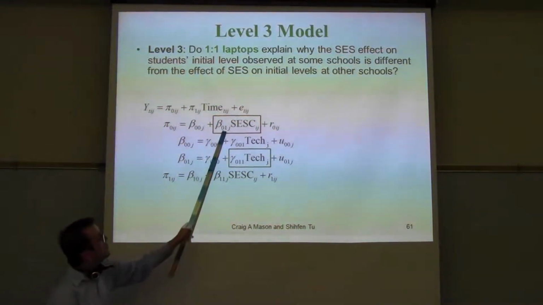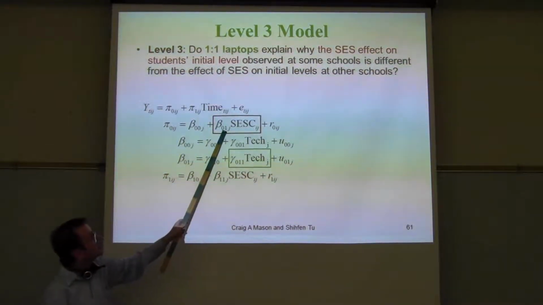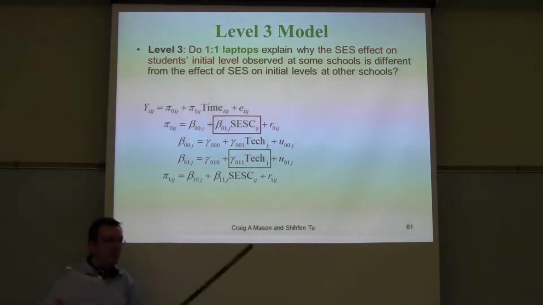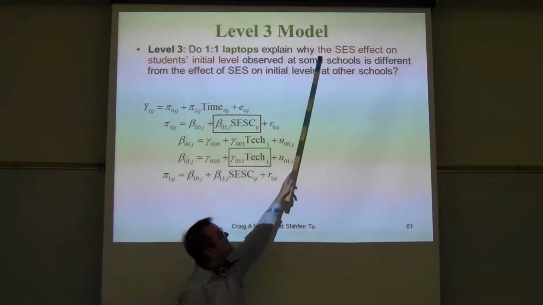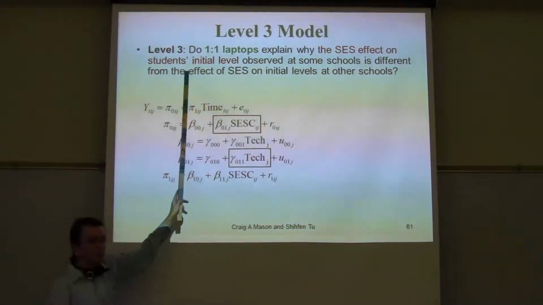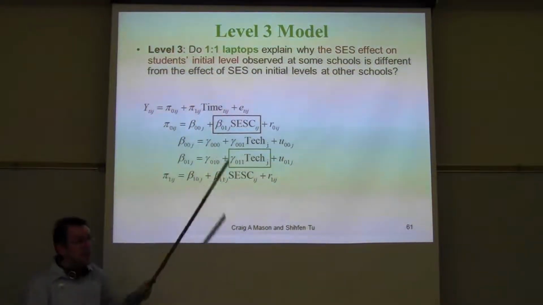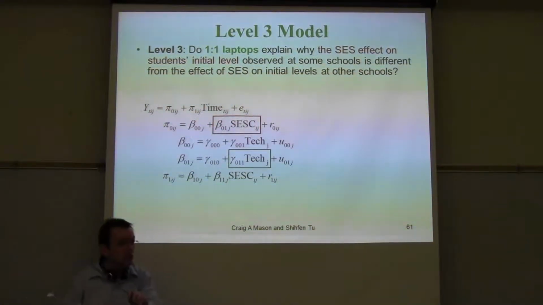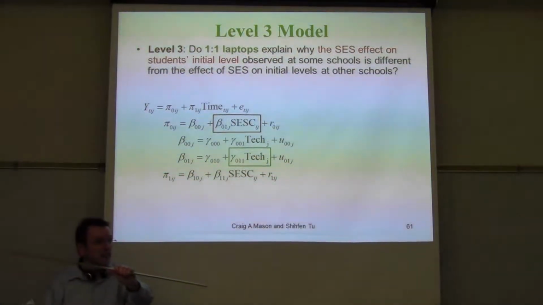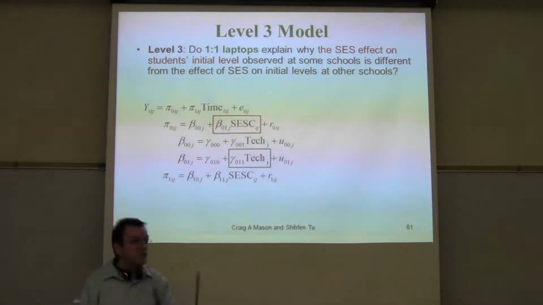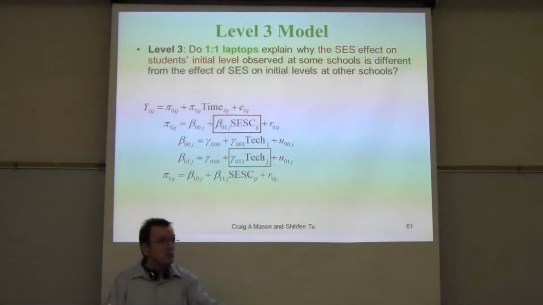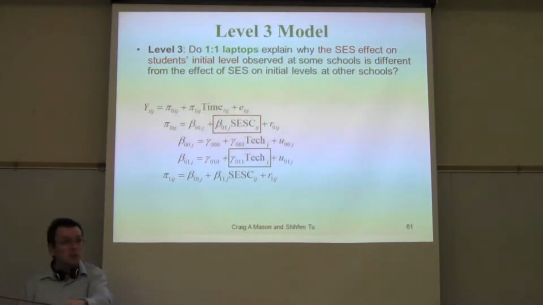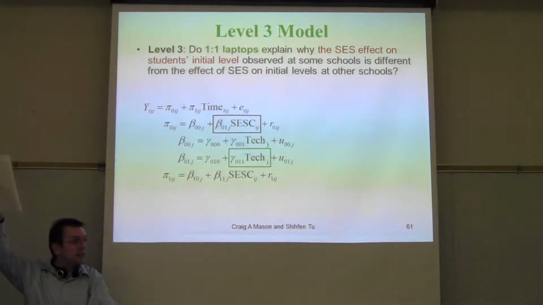Then there's beta 0, 1j. Now, what was beta 0, 1j? I have to flip back the slides because you wrote this down. But that was the SES effect on initial levels. It's not an SES effect on slopes. It's the SES effect on those initial baseline levels the kids have. So do kids in one school, everybody starts off the same, and maybe in another school there's a big SES differential.